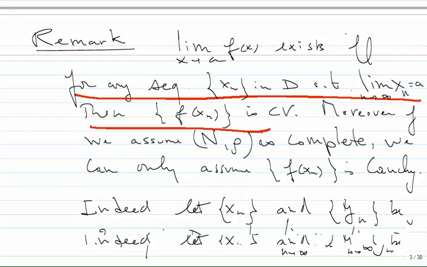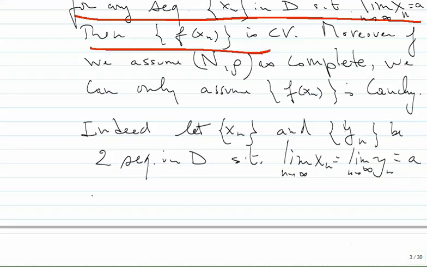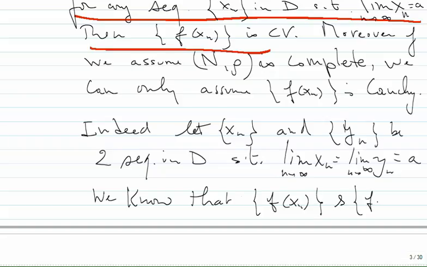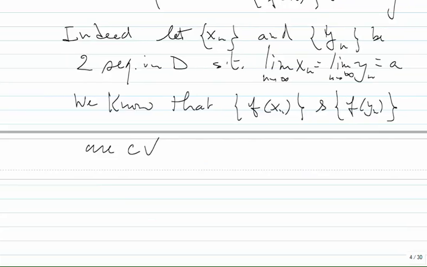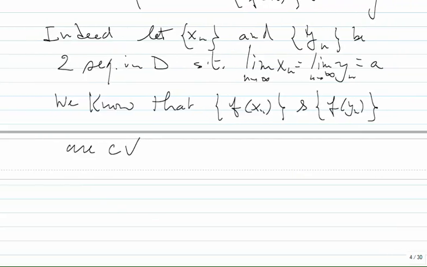Then in this case, we know that both f of xn and f of yn are convergent. So in this case, what we can do is to prove that the limit of f of xn is exactly the limit of f of yn.